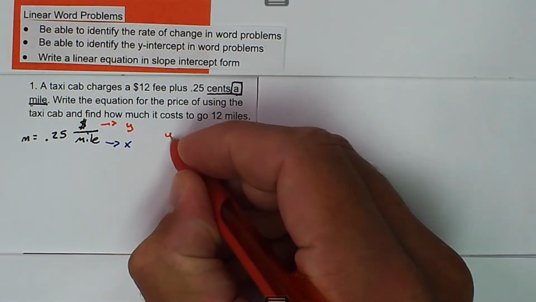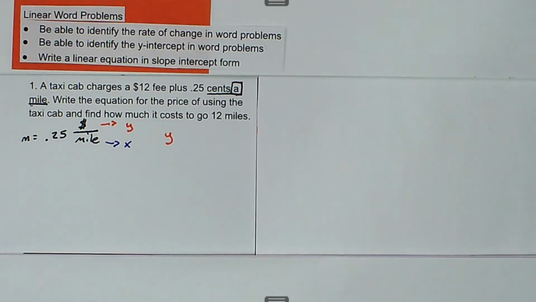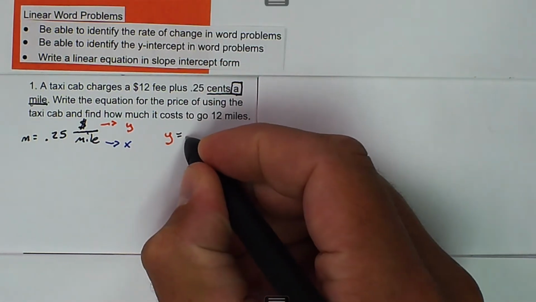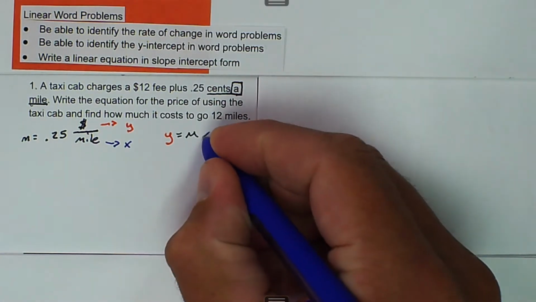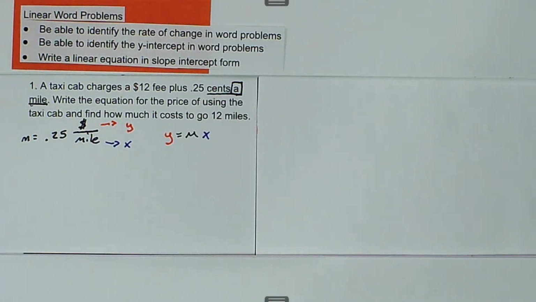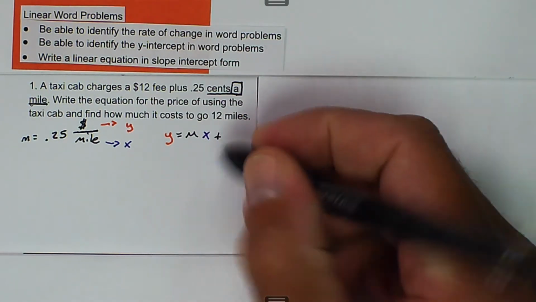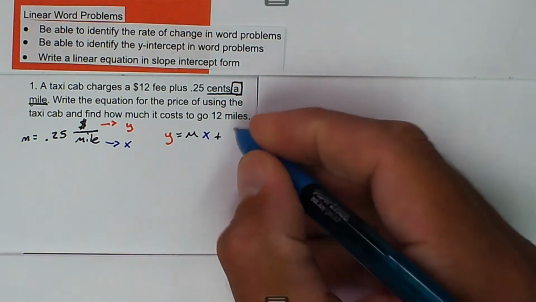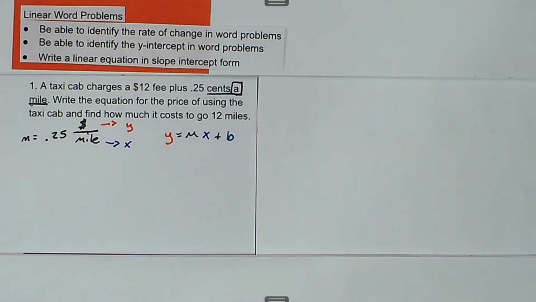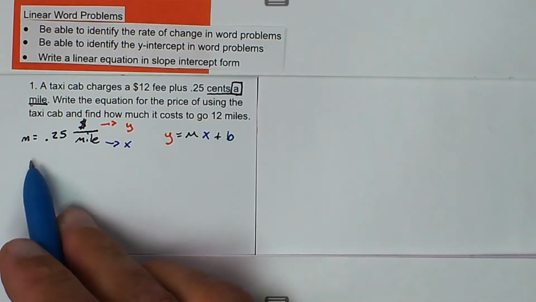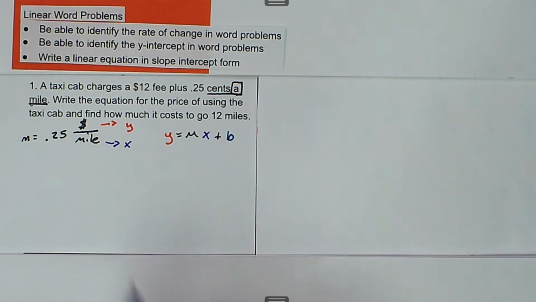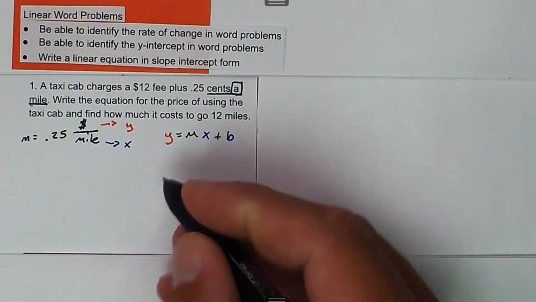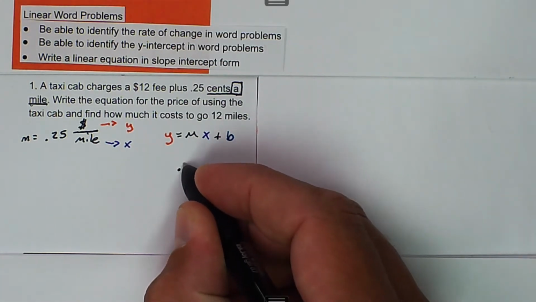So we have y equals mx plus b. So right now we know that our m, we found out, was the one that has 2 units on it, or the rate of change. So we can substitute that in. So we have 0.25.